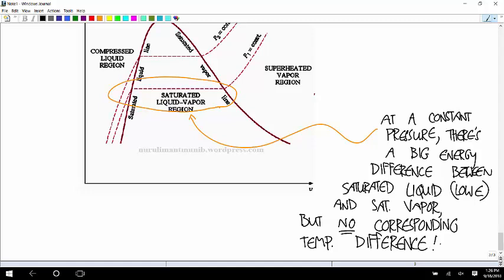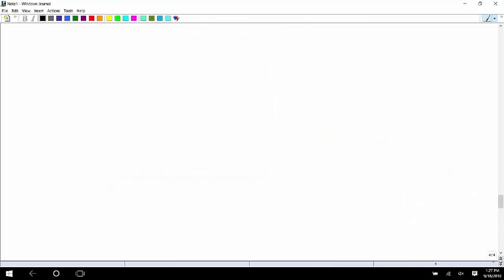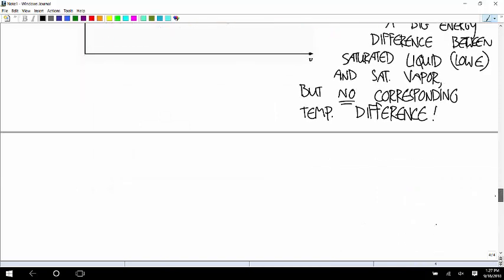Okay, so why is that important? This is a really useful thing in engineering systems. So that energy difference without a temperature difference is really useful.